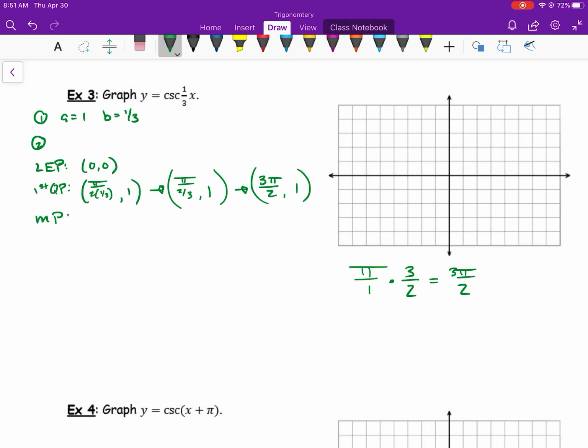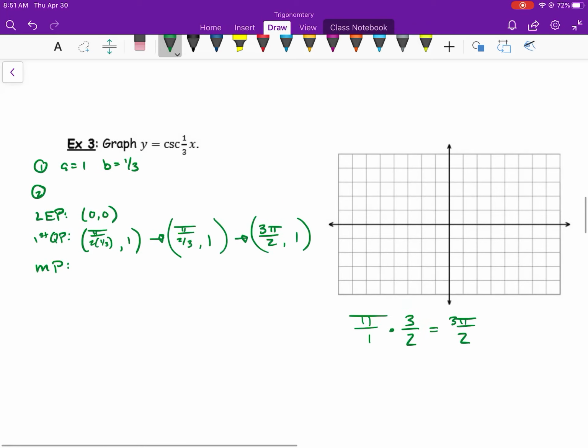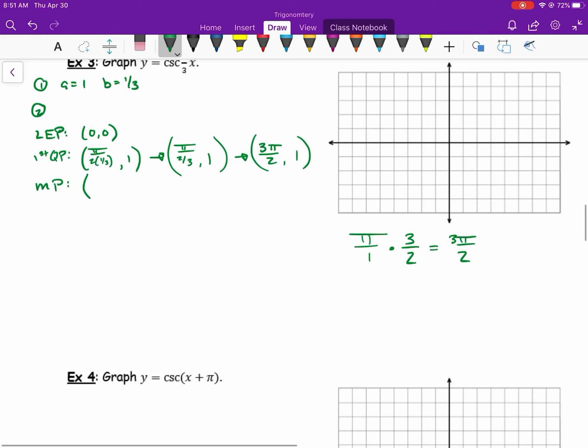My midpoint is pi over b, so pi over 1/3, 0. So pi over 1 times the reciprocal of 1/3 gives me 3 pi. So I got 3 pi and 0.